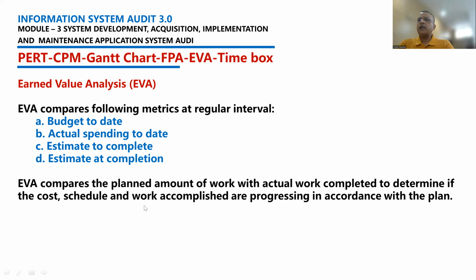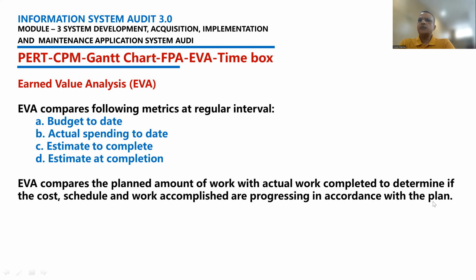Now, EVA compares the planned amount of work with actual work completed to determine if the cost, schedule, and work accomplished are progressing in accordance with the plan. This is basically what I'm trying to check through EVA. I'm trying to check whether my project is adhering in terms of completion, budget, time, and progress, in comparison to what is planned.